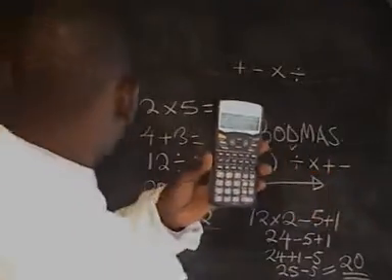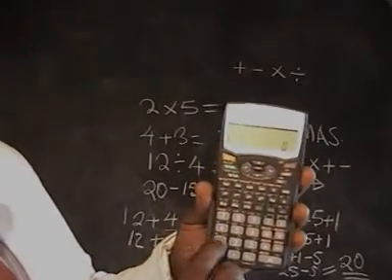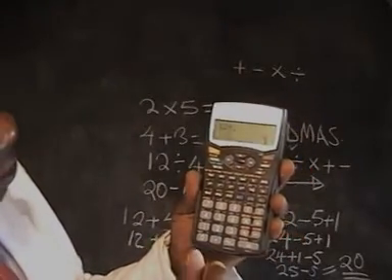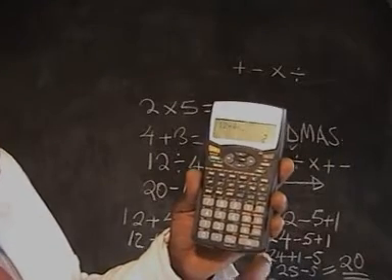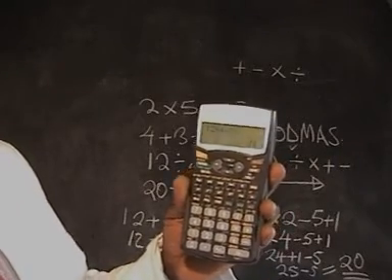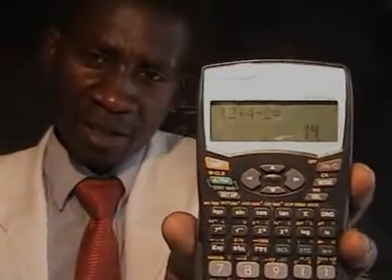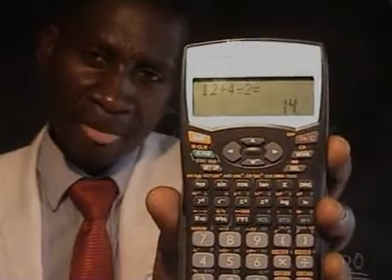So what I want to feed is 12 plus 4 divided by 2. So there I am, 12, then followed by plus 4, then followed by divided by 2. That order equals, as you can see, the answer given by a scientific calculator, which is 14.